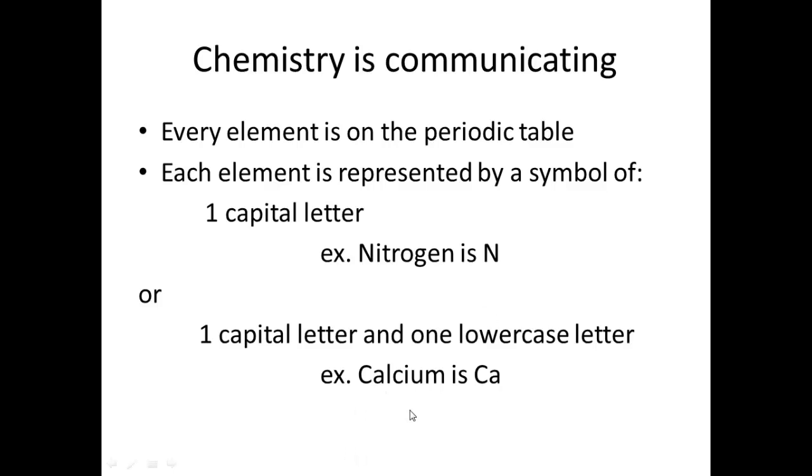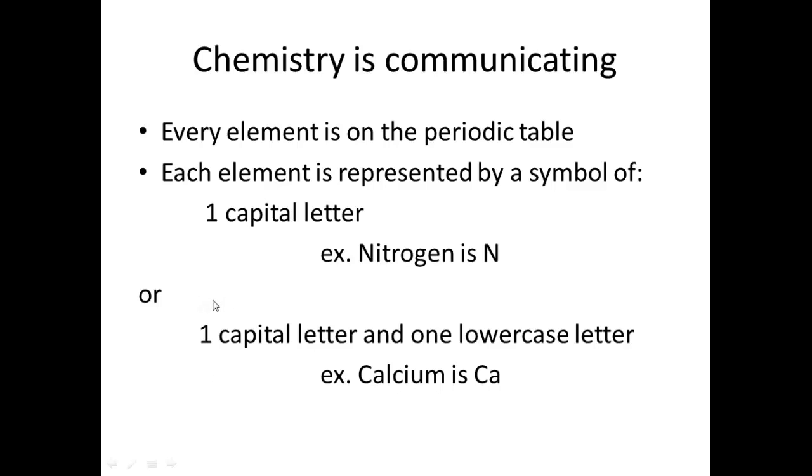Each element is represented by a symbol of one capital letter, or one capital letter and a lowercase letter. So, for example, nitrogen. Imagine how much of a pain it would be every time you wanted to write down nitrogen to write down the word nitrogen. So what chemists do is we just abbreviate it with the letter N. Makes so much sense.